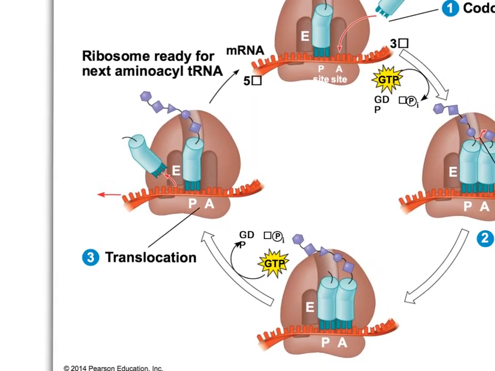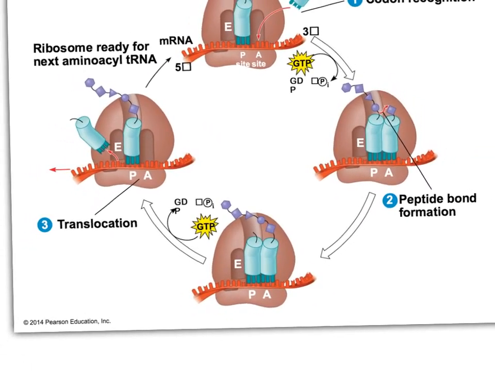Why does it go from P to A back to P? The peptide itself has to be kept in the P site. So it gets transferred. Really, this is showing it in a stepwise progression, but it doesn't happen that way.